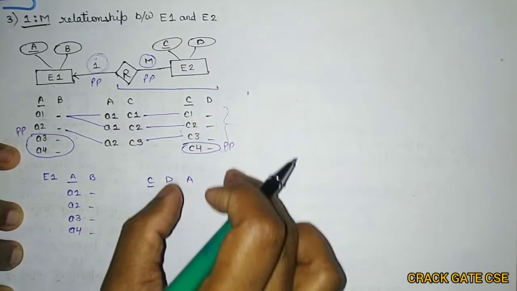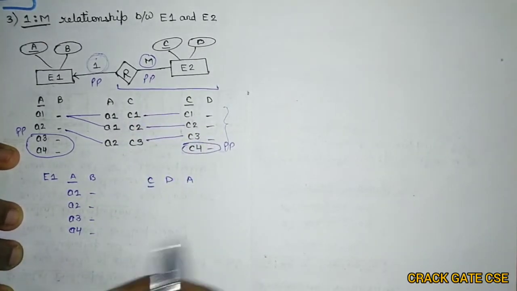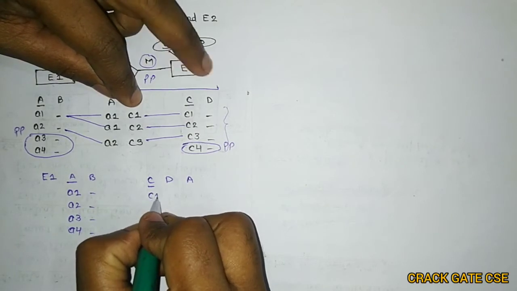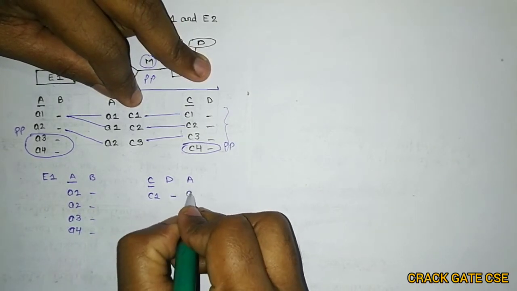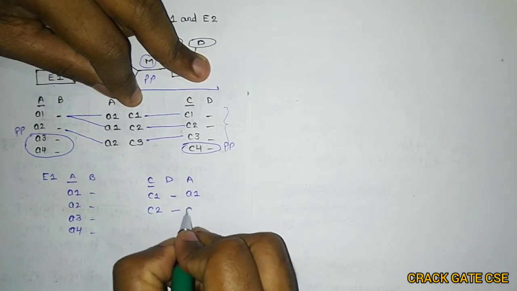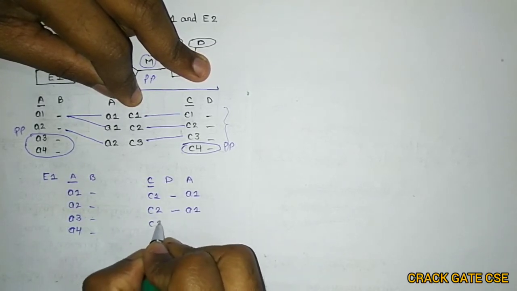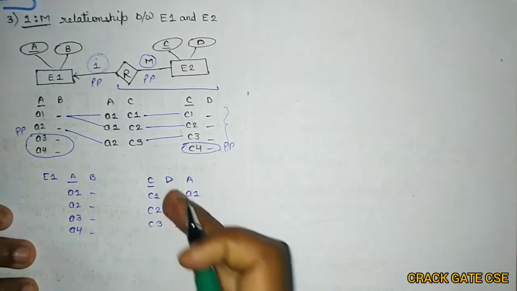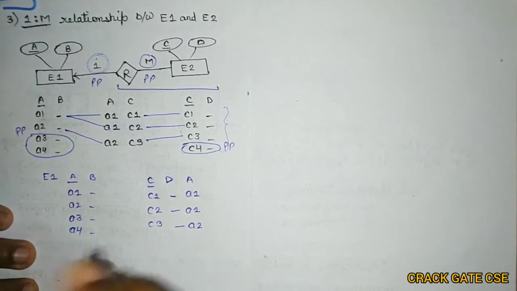First of all I am writing the values which are common. So what are the common values? C. This C1 is mapped with A1, this C2 is mapped with A1, and this C3 is mapped with A2. D can be anything, that's why I am putting dashes over here.